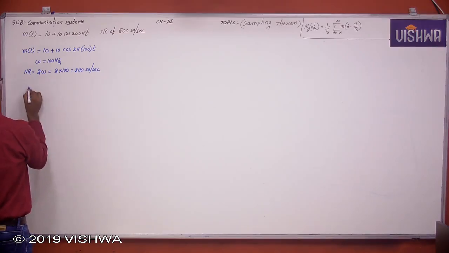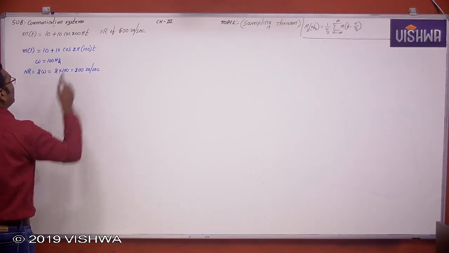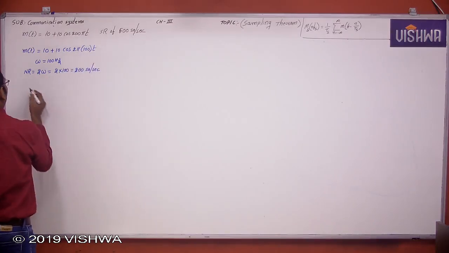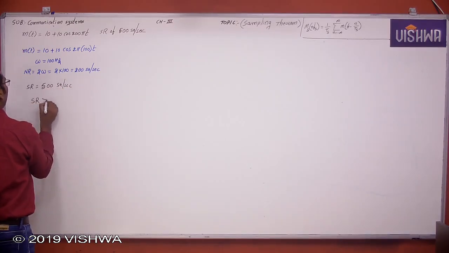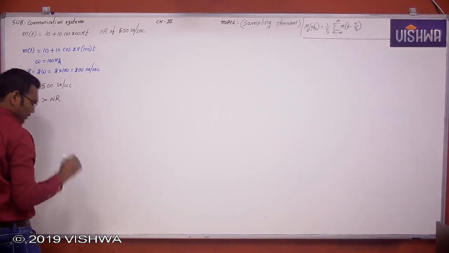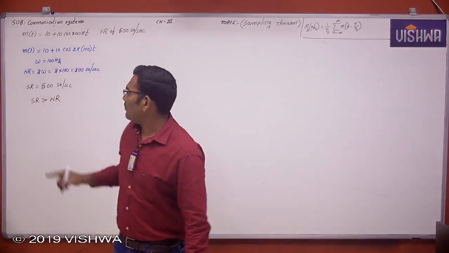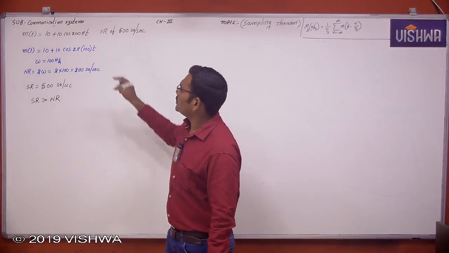But what is the sampling rate? The given signal is sampled at 500 samples per second. The sampling rate is greater than the Nyquist rate. Am I right? The sampling rate is 500, the Nyquist rate is only 200.